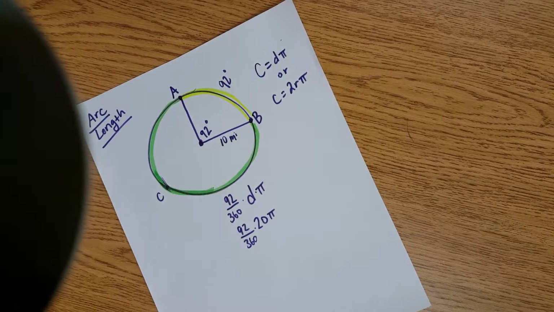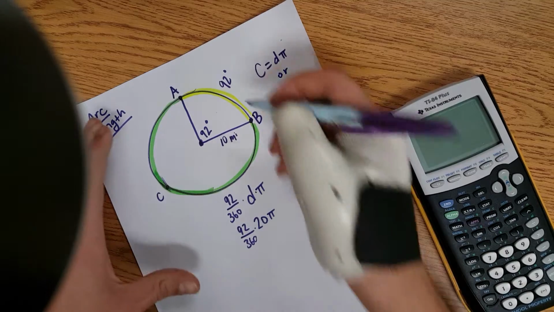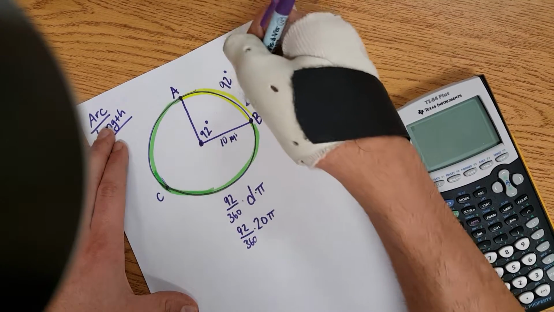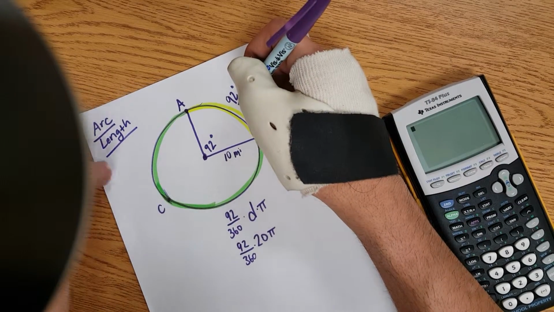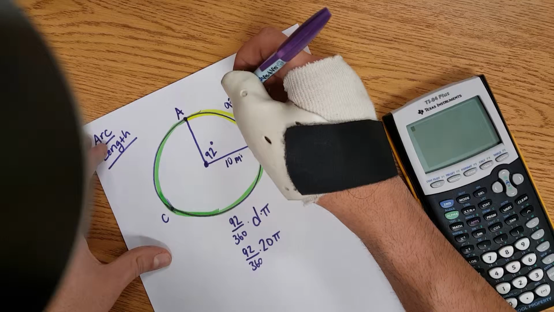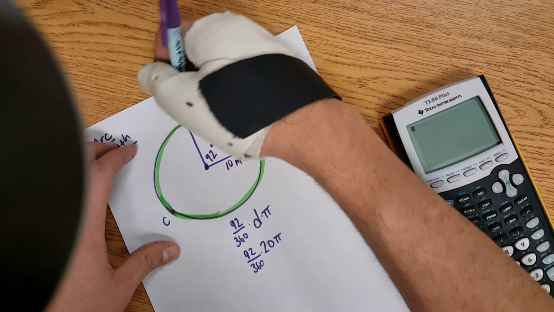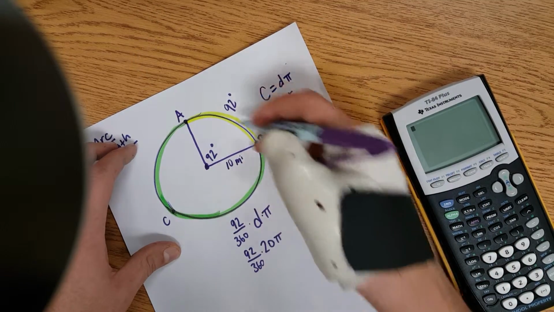Whatever arc you're trying to measure, whether it's a minor arc or major arc, if you're trying to find the length of this arc, you're going to take however many degrees this arc is out of 360, and then multiply by the circumference.